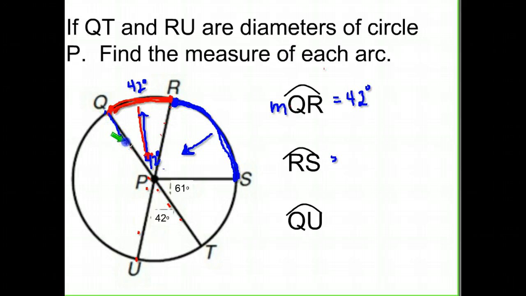However, we do know that QT is a diameter, which means it's a straight line that makes up half of the circle, and half of the circle is 180 degrees. So we know that this angle is 42, we know this is 61, whatever this angle is, when we add them all up, they should be 180.